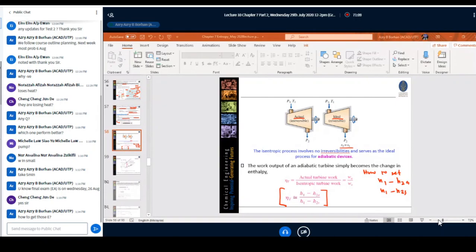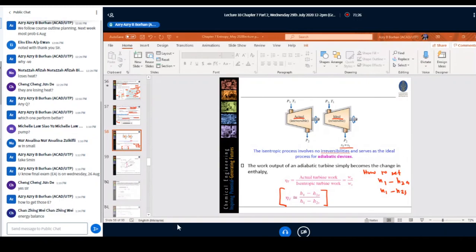Anybody? Energy balance. How can I simply reduce into those terms?